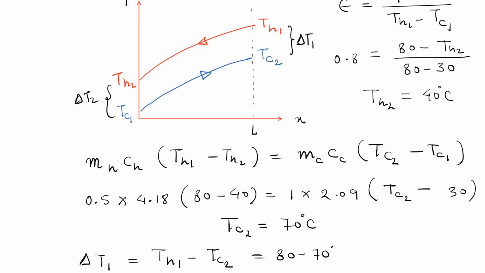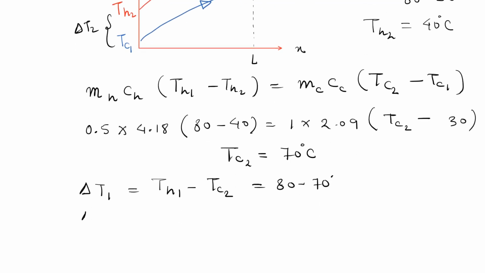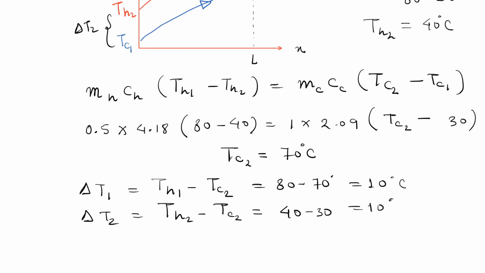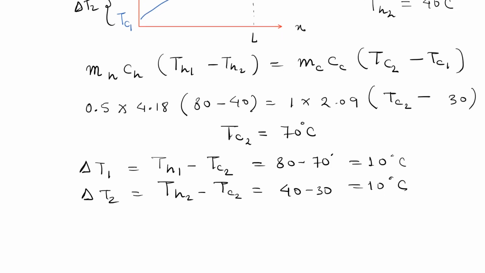Now let's find out delta T2. So delta T2 will be equal to TH2 minus TC2, which will be equal to 40 minus 30. So this value is also 10 and this value is also 10 degrees Celsius. Okay, both are 10 degrees Celsius.